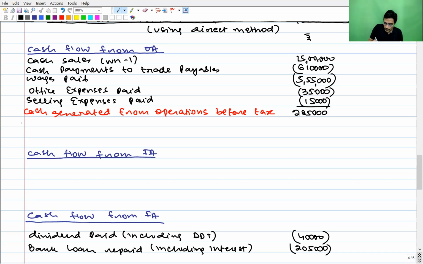And then we will minus tax paid, which is given in one of the adjustments in the question. And tax paid is 55,000. 2,85,000 minus 55,000, it comes to 2,30,000.